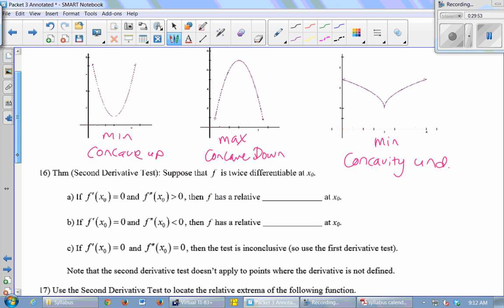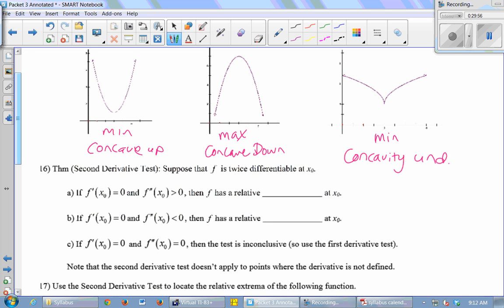And if f prime equals 0, that means we have a critical number. If we have f prime equals 0 and f double prime is positive, what does f double prime positive tell you about f? Concave up.